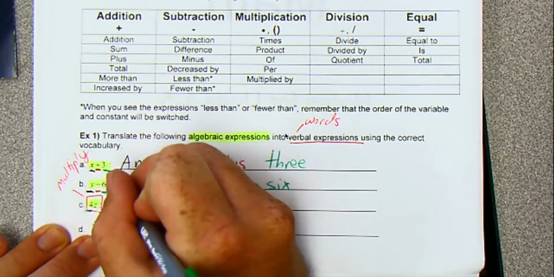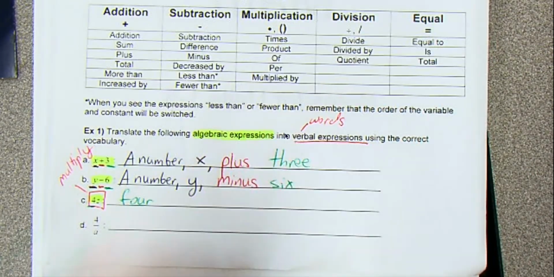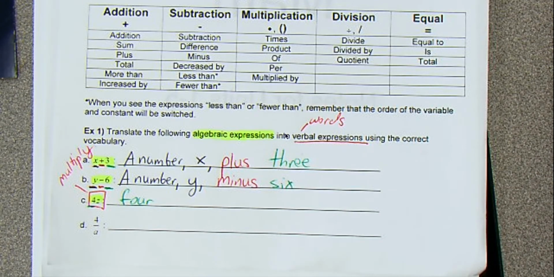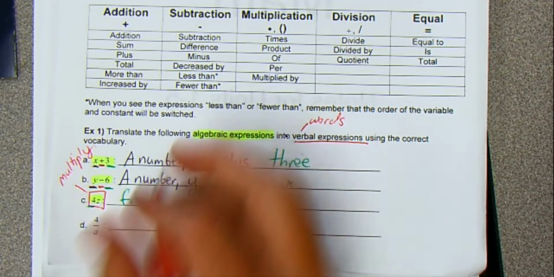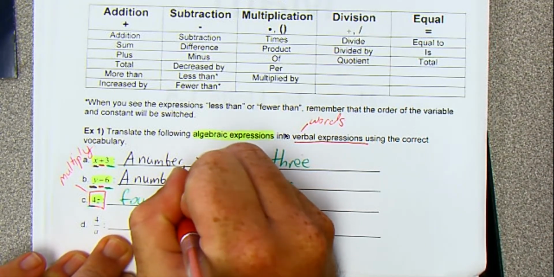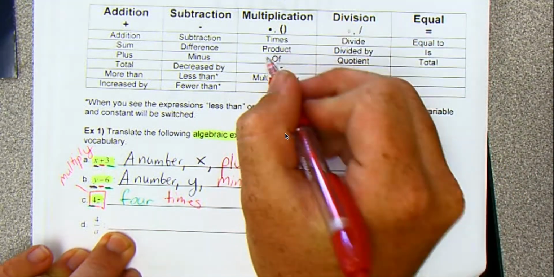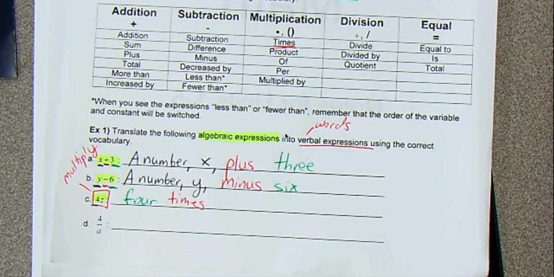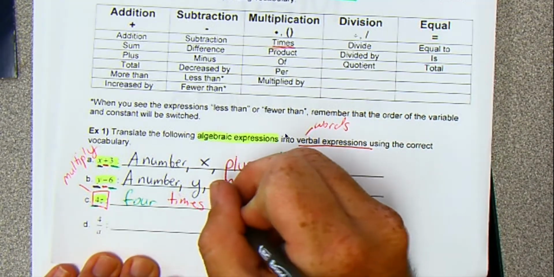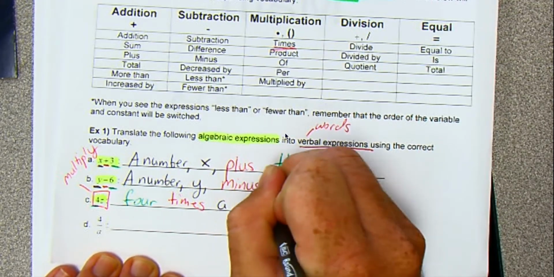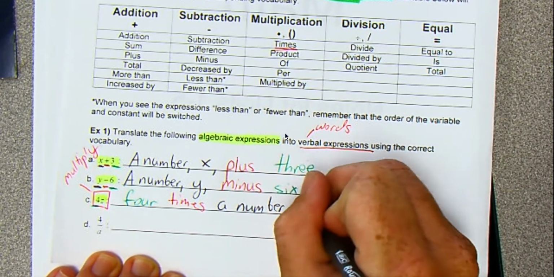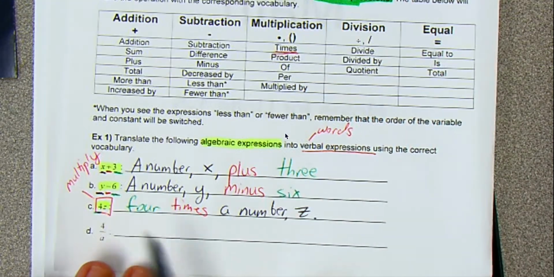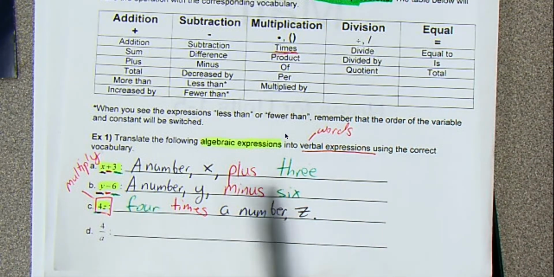So we write 4. Since it's multiplication, another way to write it out is times. See up here, if we go up to multiplication, you see times is right there. So 4 times. And then instead of just putting z, it represents a number. So I'm going to say 4 times a number, comma, z, period. This algebraic expression is now translated into a verbal expression.